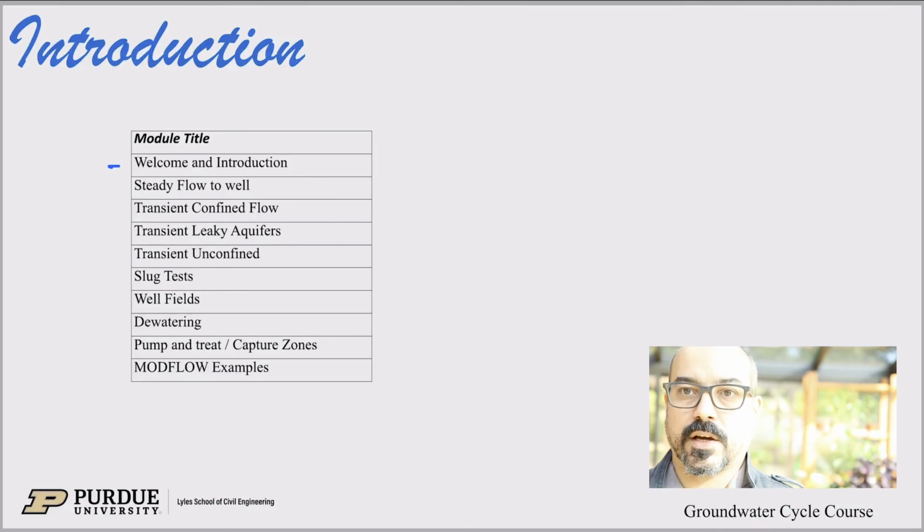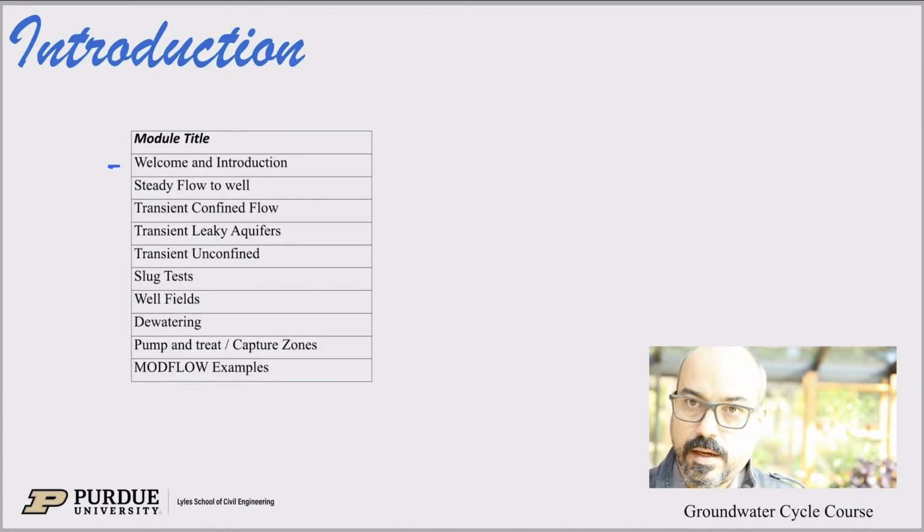But the unconfined aquifers are basically those surface aquifers that have contact with the atmosphere. So they're underground, but obviously they have a water table and they're not constrained. The confined aquifers are typically deeper aquifers that are below some confining layer. So let's say a layer of clay on top, right? So this water is completely isolated from any surface activity, pretty much. Okay, so steady flow to well.